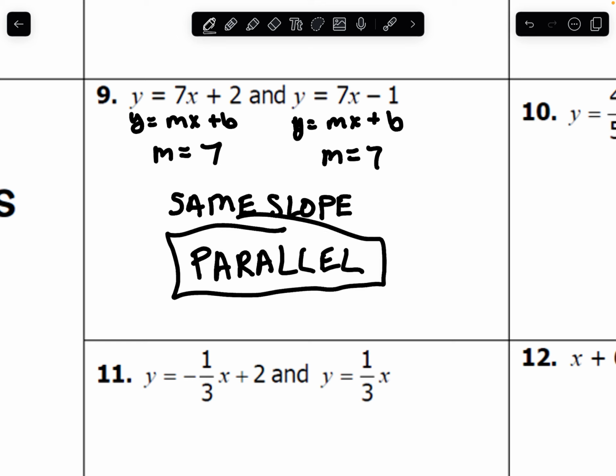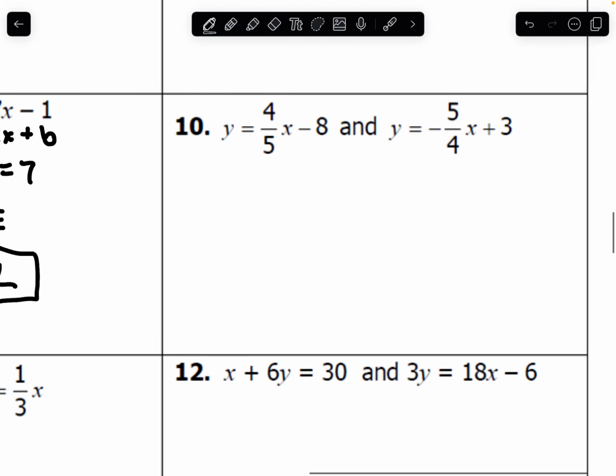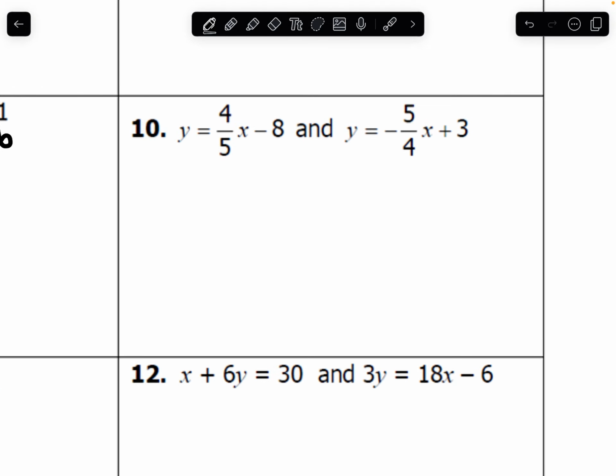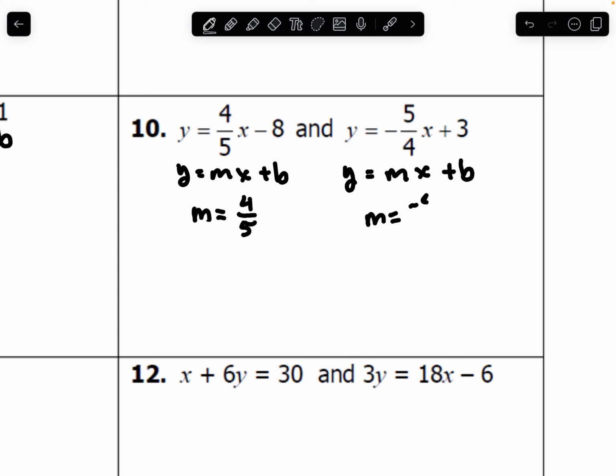Which is perfect. If we look at 10, right, they're also in the form y equals mx plus b. If we're looking at everything again, we only care about the m. We care the m is 4/5, and this m is negative 5/4, right?